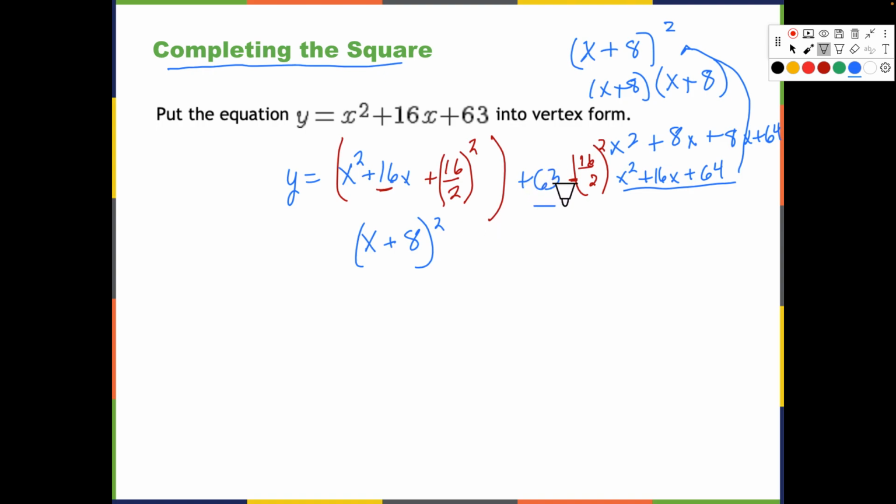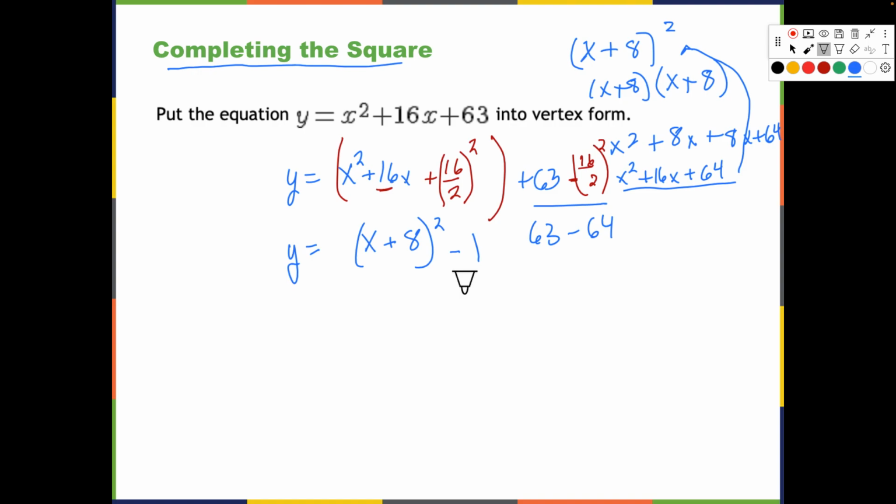Back here, we've got 63. And 16 divided by 2 is 8, squared is 64. What's 63 minus 64? Negative 1. We have completed the square, and we have this in vertex form now.